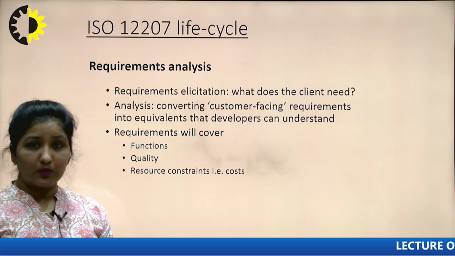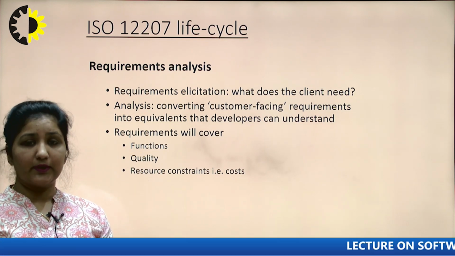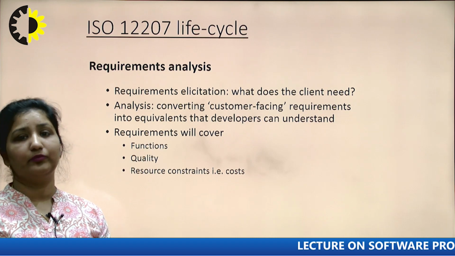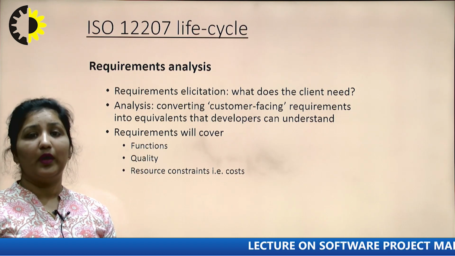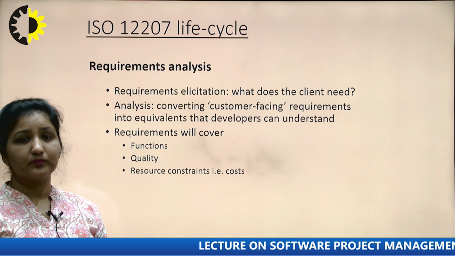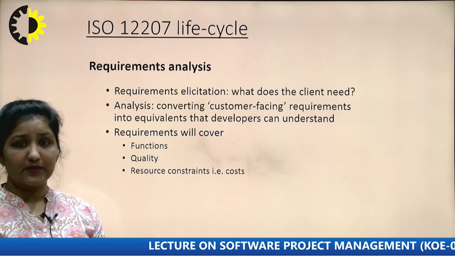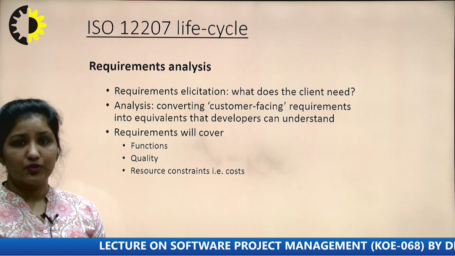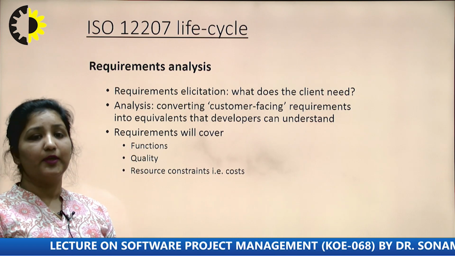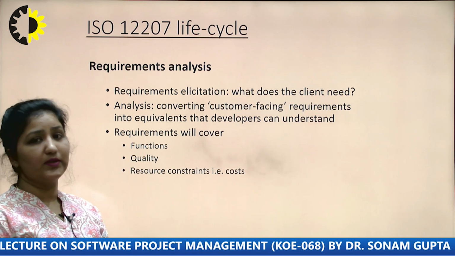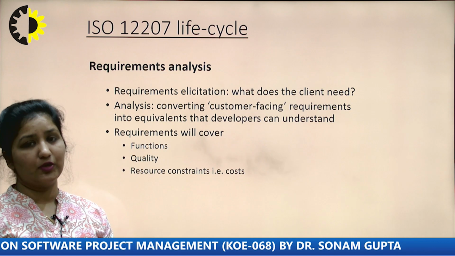Converting those requirements so that the developers can understand is part of the analysis, checking whether those requirements are possible or not. So basically what will requirements cover? They will cover the functions, the quality, and the resource constraints, that means the cost and the staff involved.